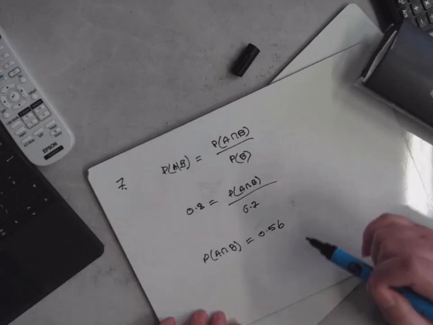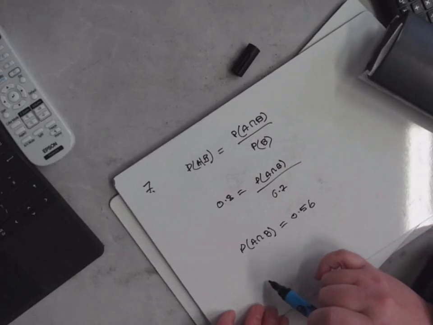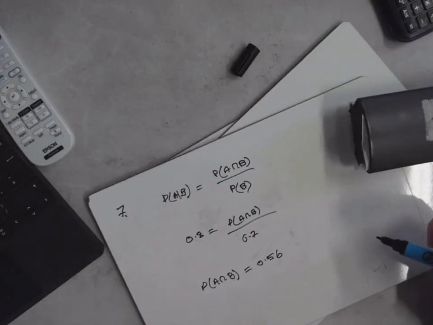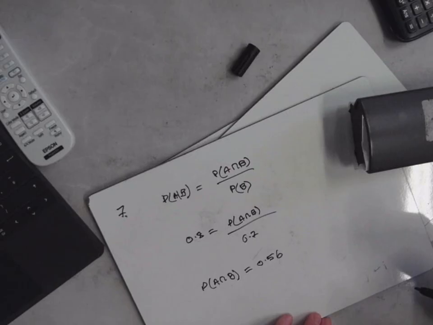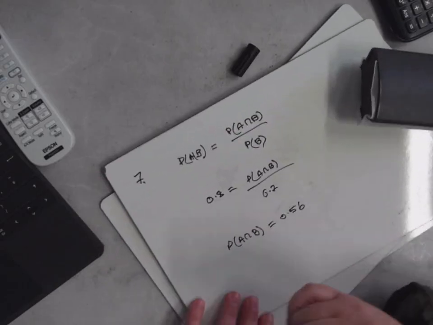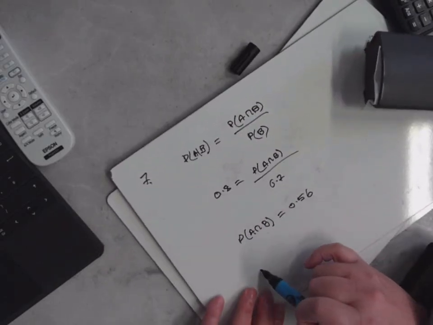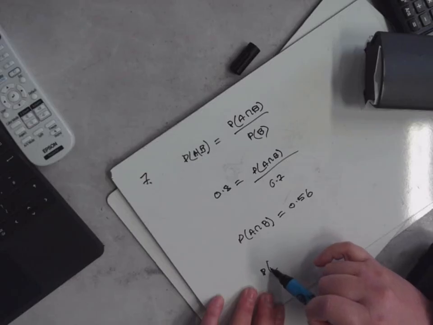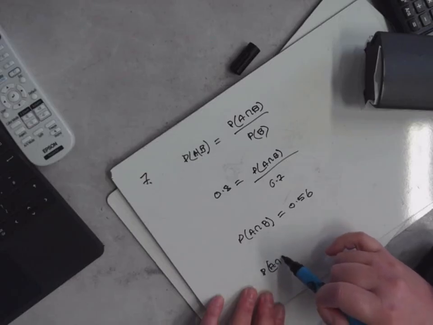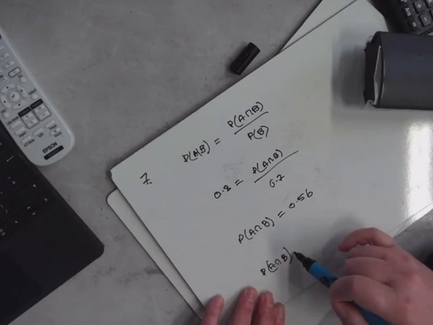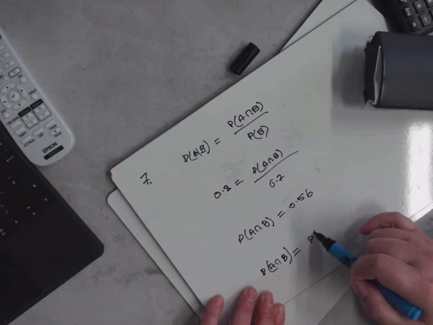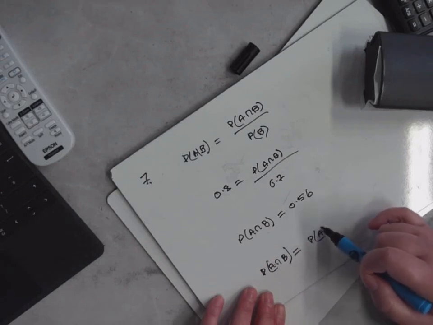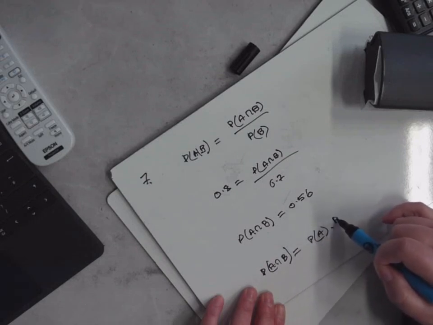And then show they're independent. So then you have to get the probability of A, do you? They gave us the probability. Yeah, they gave A and B. So you just go probability of A intersection B. Does that equal the probability of A multiplied by the probability of B?